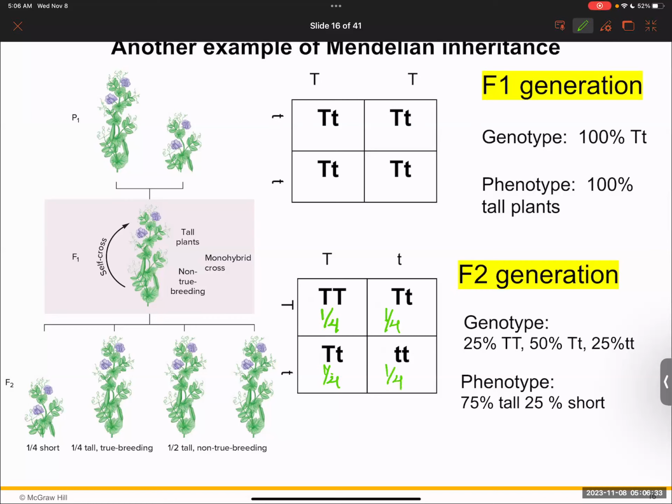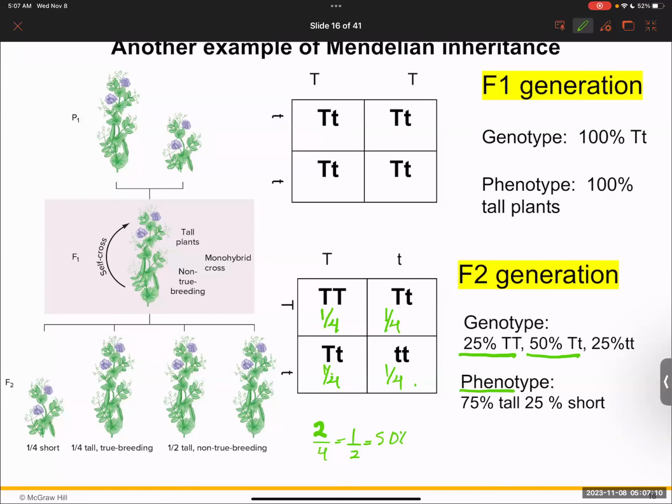So 1/4 or 25% would be capital T, capital T. These two are both heterozygous dominant, so 2 out of 4, or 1 out of 2, or 50% is going to be heterozygous dominant. And then the last box, which is homozygous recessive, will be 25% of the F2 generation.